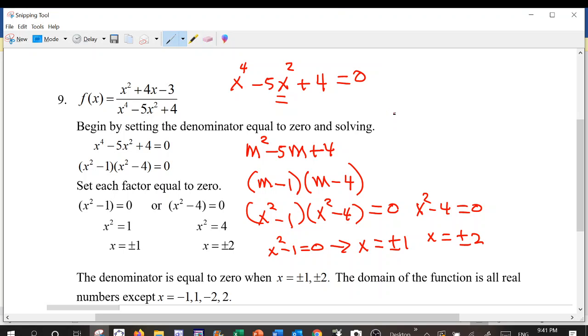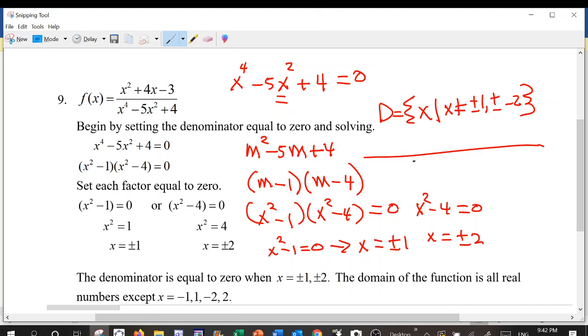So what do we do? Well, we're going to write the domain as x such that x is not plus and minus 1, plus and minus 2. You can write it like that, that's fine. But if you want to use interval notation, that would be many intervals, right?